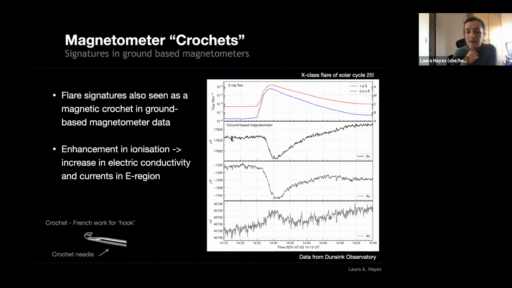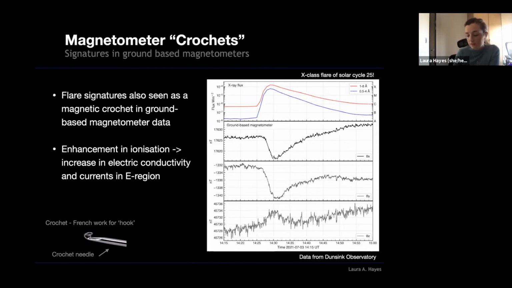They're seen in ground-based magnetometer data as these crochet signatures, and they've actually gotten their name, I think, from crochet meaning hook in French, apparently. But I think it's really from the crochet needle that has that hook-like signature, and that's where it got its name. It's also known as the solar flare effect. And we can see these as significant changes in the magnetometer data.